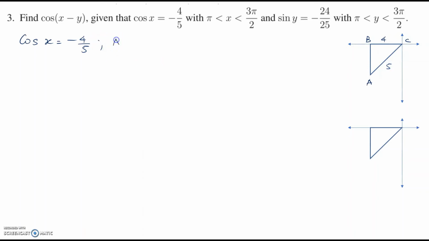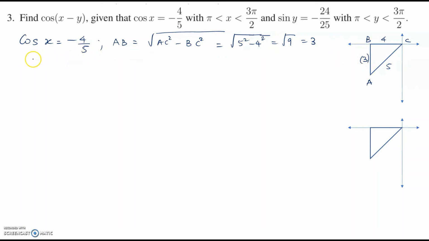Therefore, AB will be equal to square root of AC squared minus BC squared. That's equal to root of 5 squared minus 4 squared, which would be equal to root of 9, which is 3. So 3 would be AB.